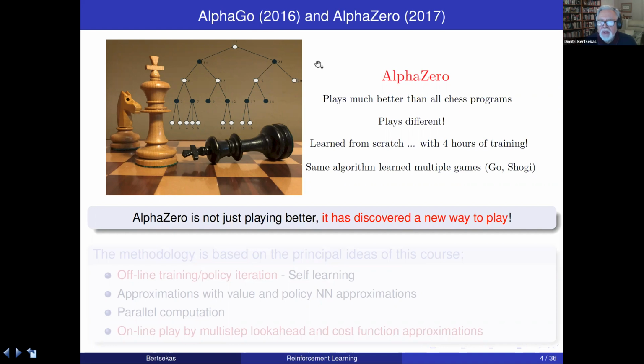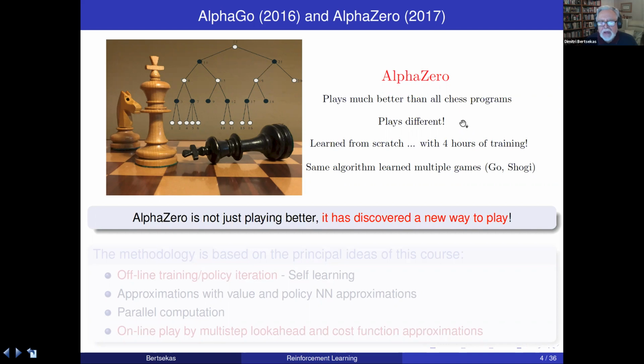It plays much better than all humans and also much better than all chess programs. Another thing that's very remarkable is that it plays differently, amazingly differently. It has discovered new ways to play a very old game like chess or Go.